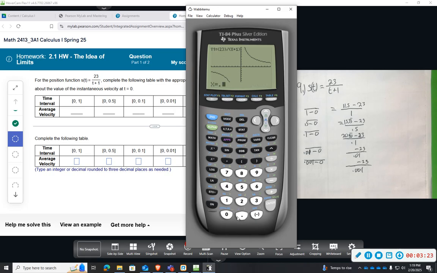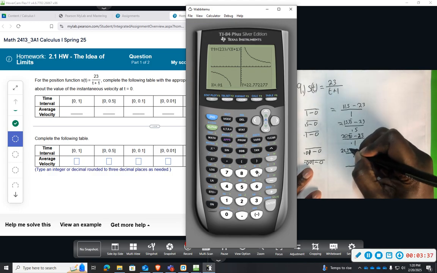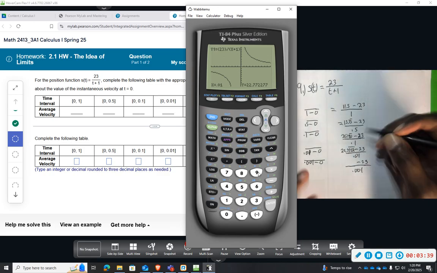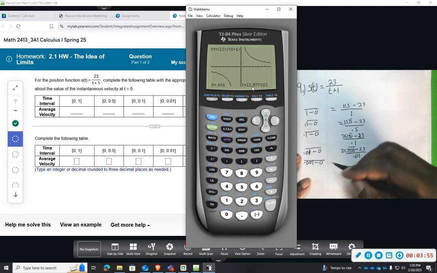We do 0.01. We get 22.7722 repeating. And then we do 0.001, and that gives us 22.977023.